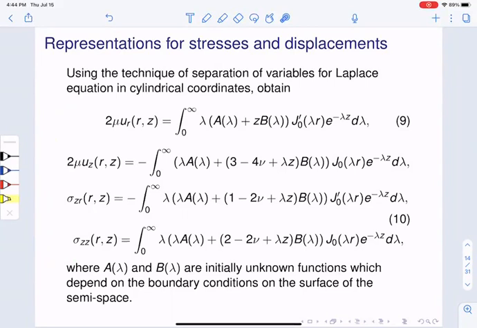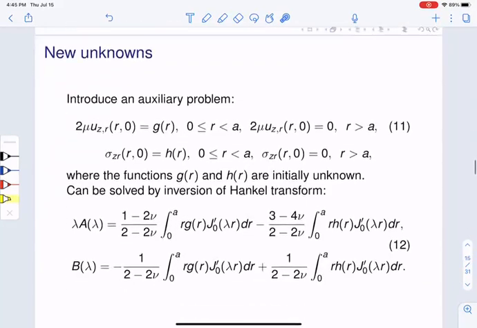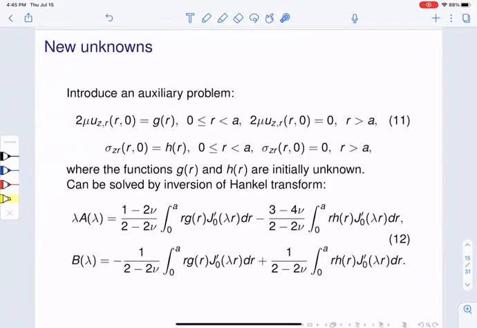In our case, since the boundary conditions are inhomogeneous, different inside and outside, we cannot do that right away. We need to go a little bit around, and the way to do this is to introduce an auxiliary problem. It looks like this.